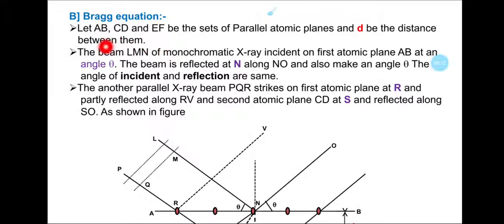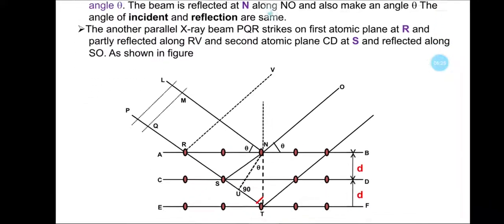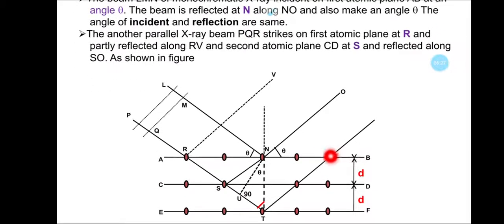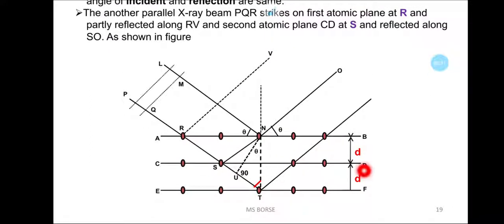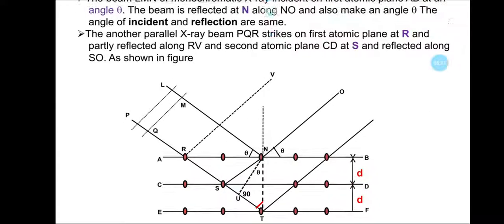Let A B, C D, E F be the sets of parallel atomic planes. d is the distance between the planes as shown in the figure. If you see, these are the planes AB, CD and EF, and the distance between two planes is small d.